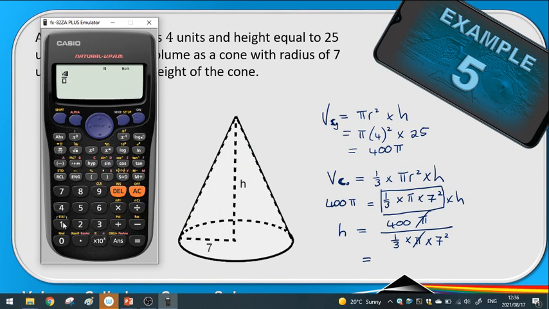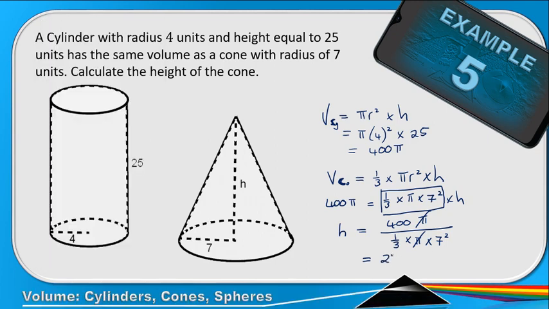So this gives us 400 over a third times 7 squared. Okay, so rounded off, that gives us 8.49. And once again, this is just units right there. Okay, then we are done.